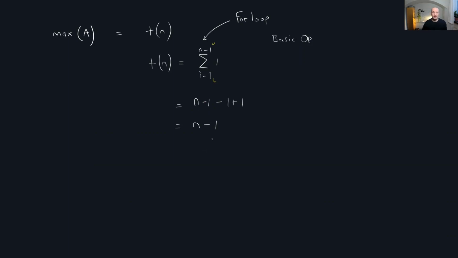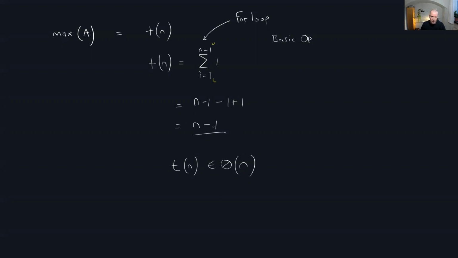So we arrive with a result here. We can see that our function T of n is a member of the linear order, or we can say theta n. We've got our order of growth.